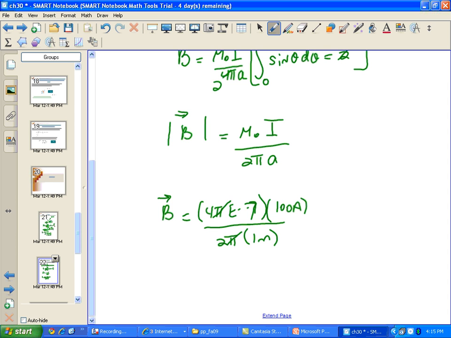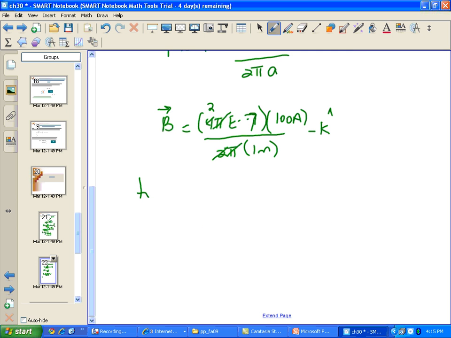This pi cancels this pi, this 2 cancels 2 of those, and we were in the negative k hat direction. So at the top, the value of B is equal to minus 2 e to the minus 5 Tesla k hat. The negative here is, of course, for minus k hat.